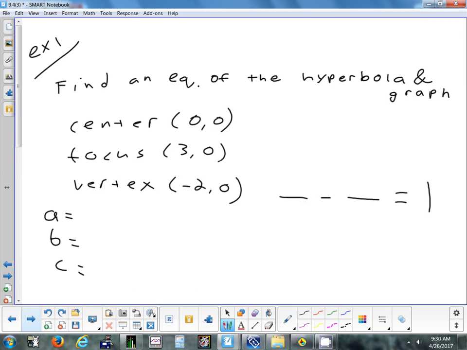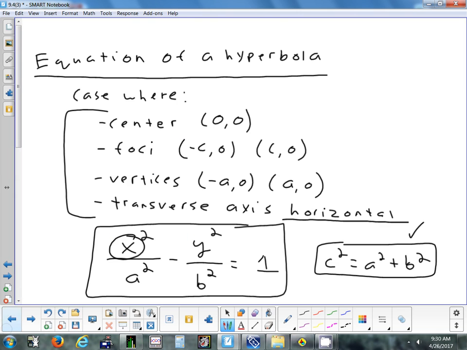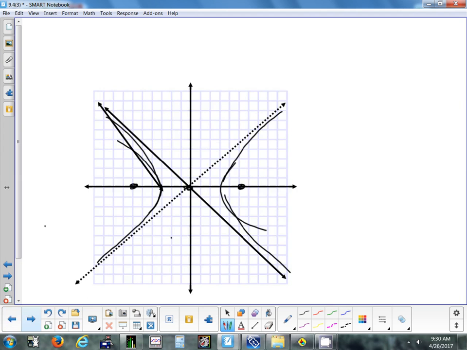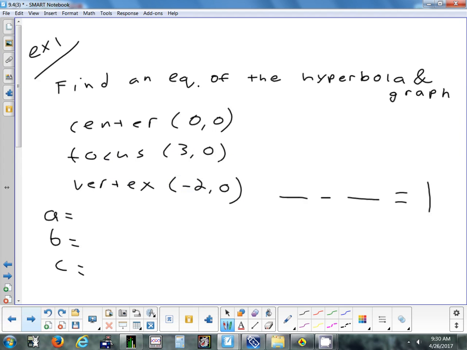So if this was a problem on the test, it could be either type. Okay, it could be the horizontal or the vertical. Since up to this point in the notes, the only kind I've gone over is the horizontal, this is going to be the horizontal. So if we want the transverse axis to go horizontal, what letter goes horizontal? X or Y?